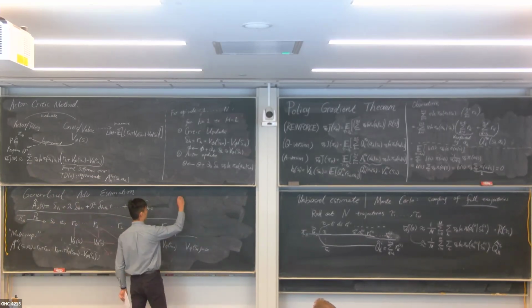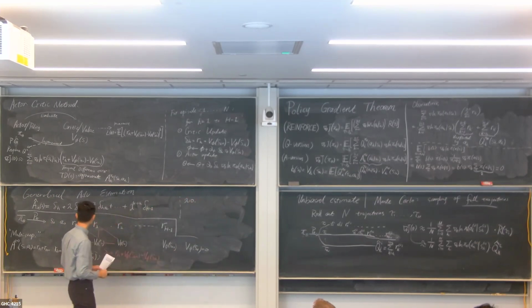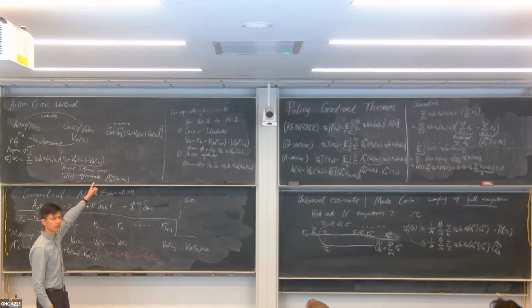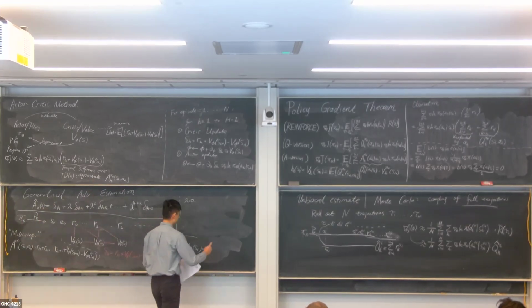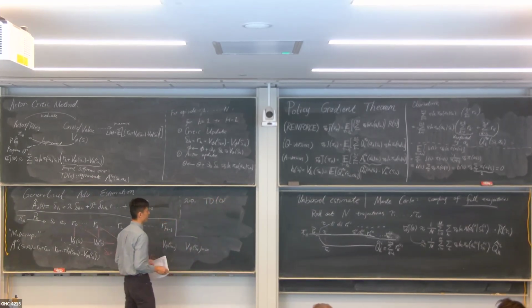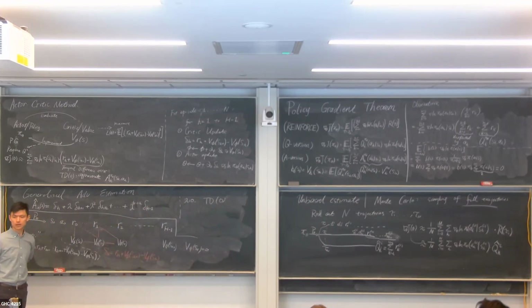Convince yourself a little bit: what if I set lambda to be 0? What algorithm is this? What estimate would that be? TD0. This is the TD0. And how do I recover the Monte Carlo estimate? Lambda equals 1.